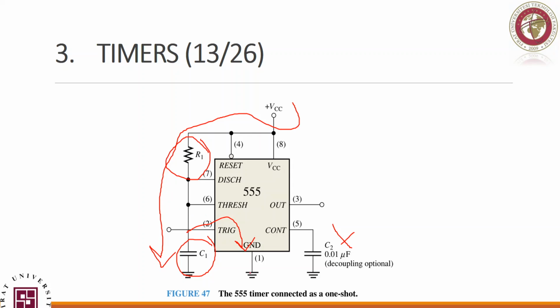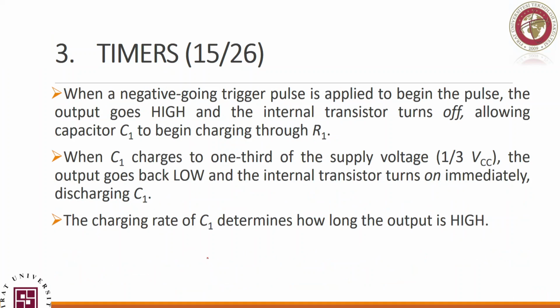We will not have a path to go to the ground. We will start charging. And in that case, C1 will start charging and the 555 will go to its unstable state. C1 will keep on charging until it reaches 1/3 of the VCC.